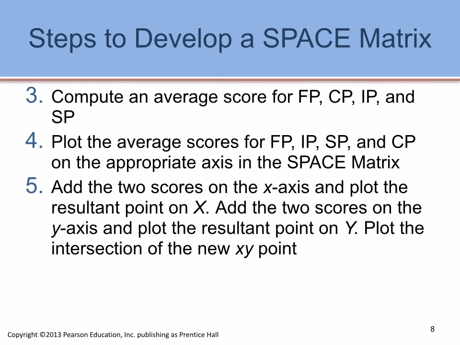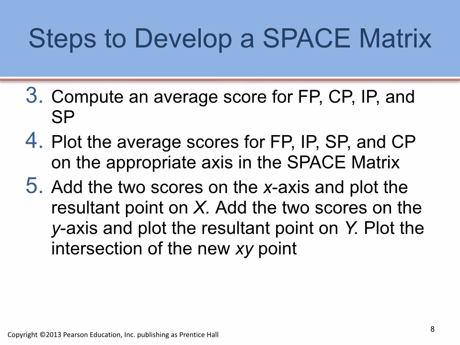Whatever those scores are, generally those scores are given to you by the strategy firms. It is impossible for you to determine whether a firm's financial position is +1 or +7. Those values will be given to you. But what you need to do is compute an average score for each dimension.